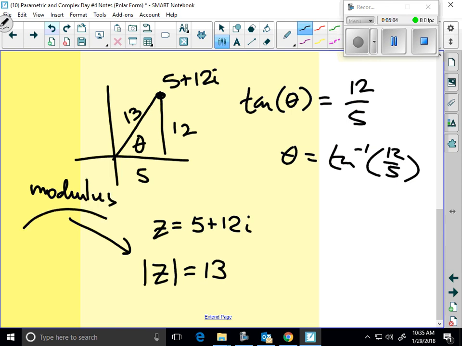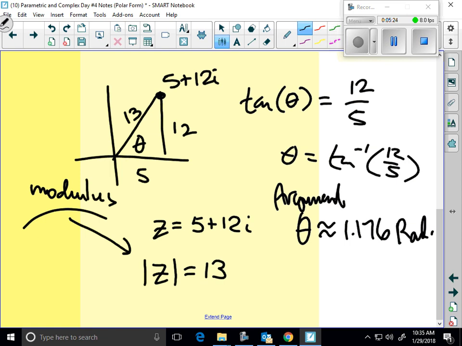Will somebody with a calculator do the inverse tangent of 12/5, please? It's like 57 something, I think. Okay, so in radians, we see that theta is 1.176 radians. Okay, so what we've done here is we've found the argument. Here's the argument, and here's the modulus.